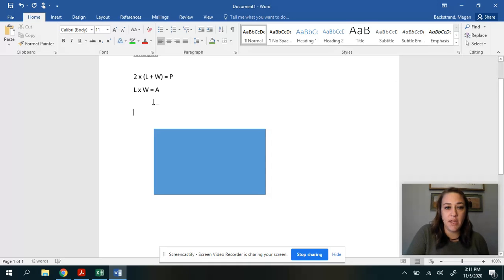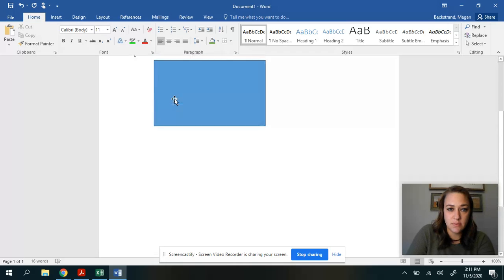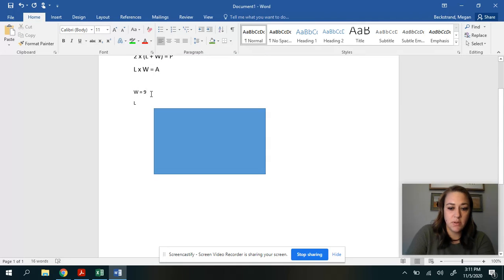And I know that my width is equal to 9 units, and my length is equal to 7 units. But because I know that, I am able to find my area and perimeter.